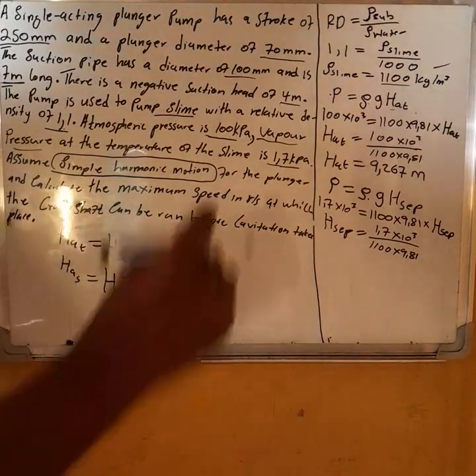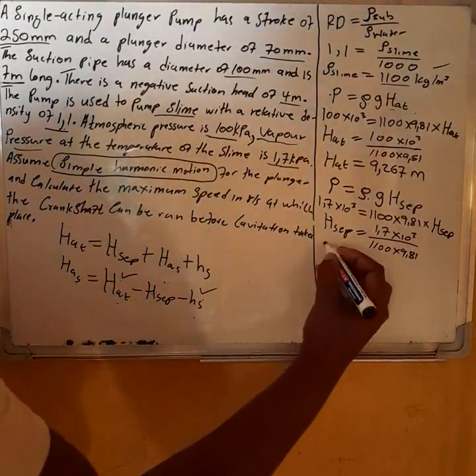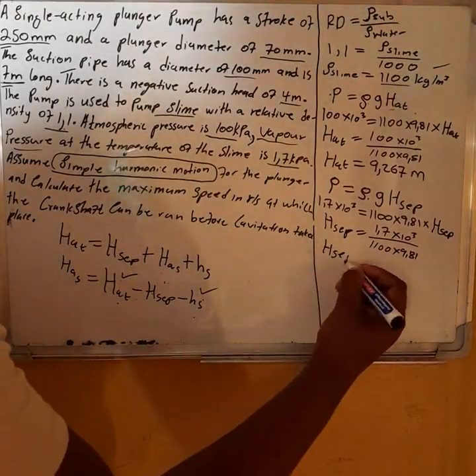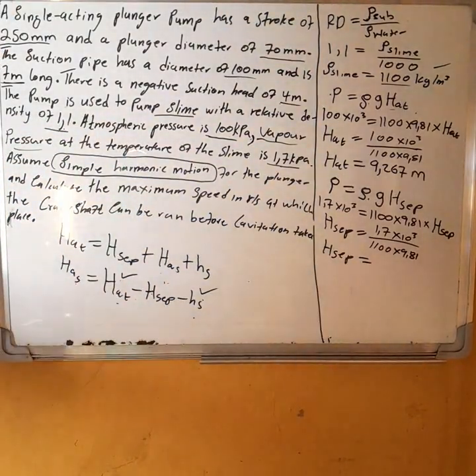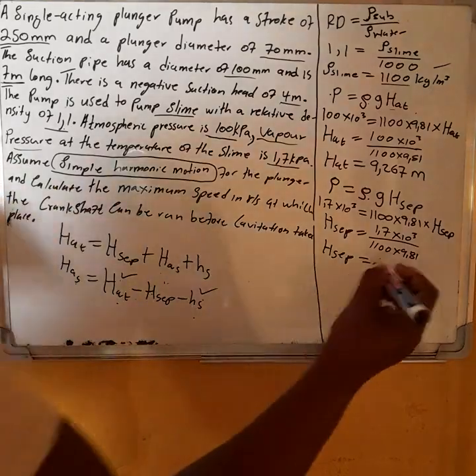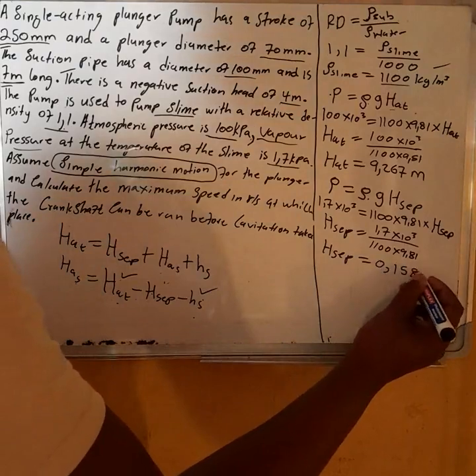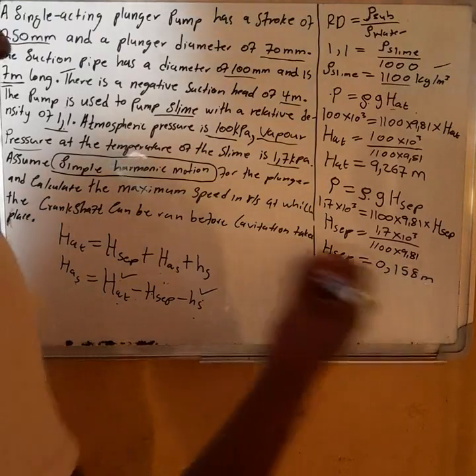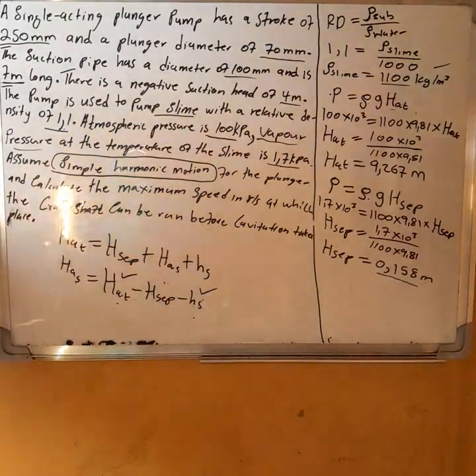Punch it into your calculator. Let us see H_sep. It becomes 0.158 meters. Remember, it is a head.